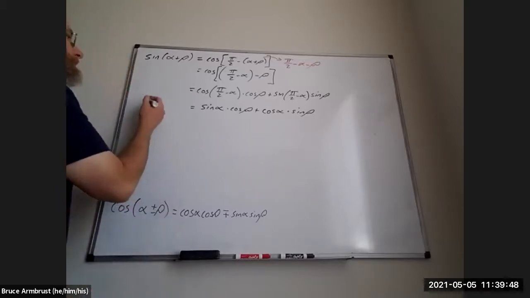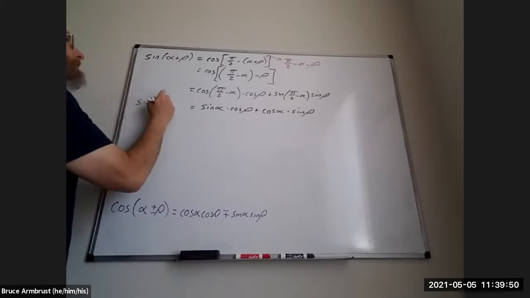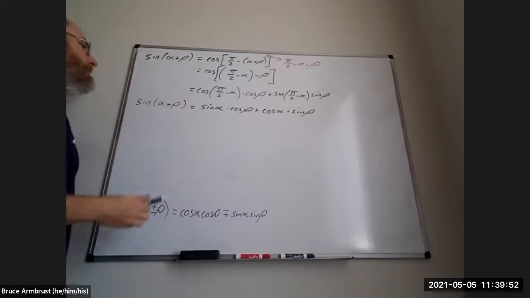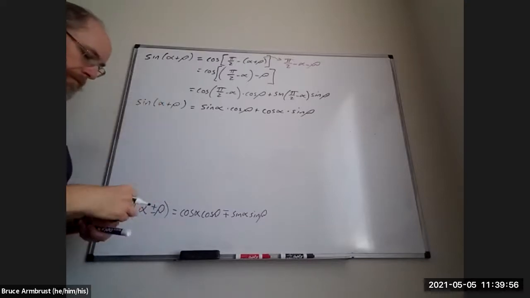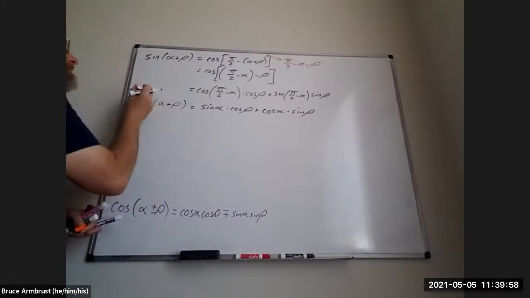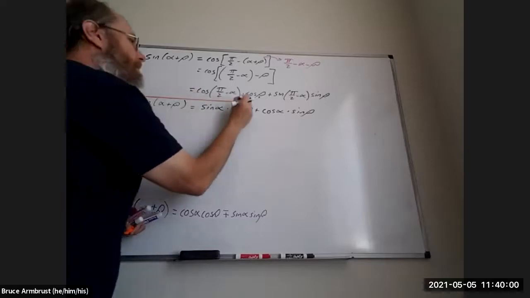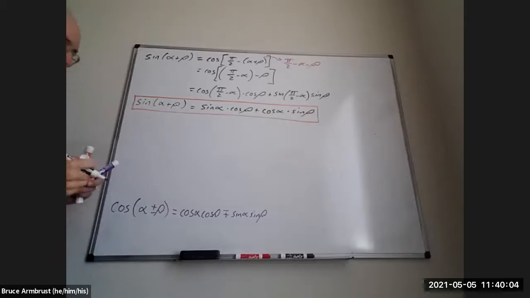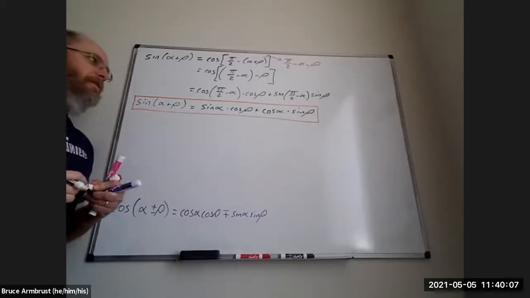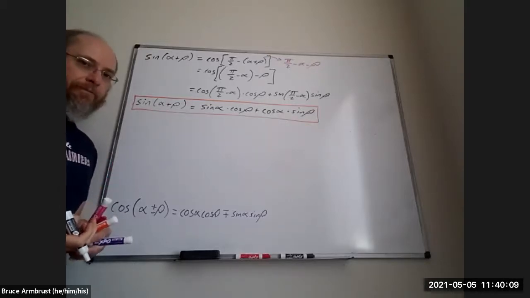All right, well, there you go, my friends. There's the identity for the sum of angles in sine. Sine of alpha plus beta is actually equal to sine of alpha times cosine of beta plus cosine of alpha times sine of beta.